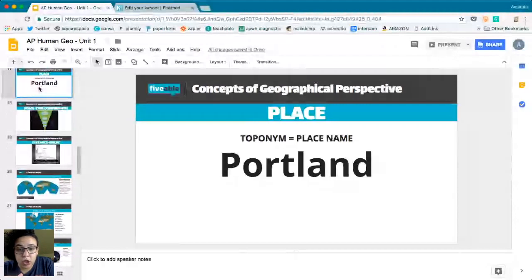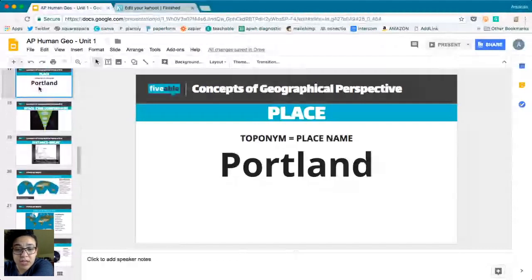Another word that you need to know is the idea of space-time compression. Basically what this means is that over time, it's like we're closer together, right? The amount of time that it took to travel around the world in 1500 was a long time. The amount of time that it took in 1850 was less time than then, right?